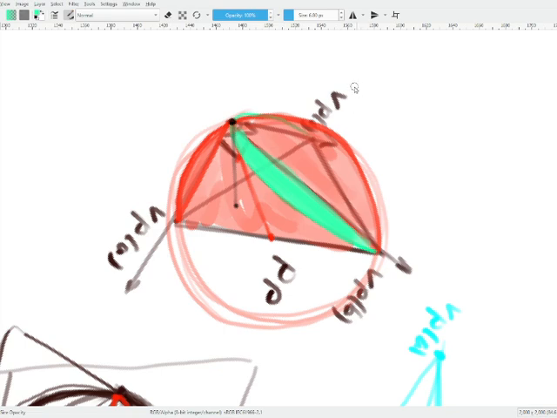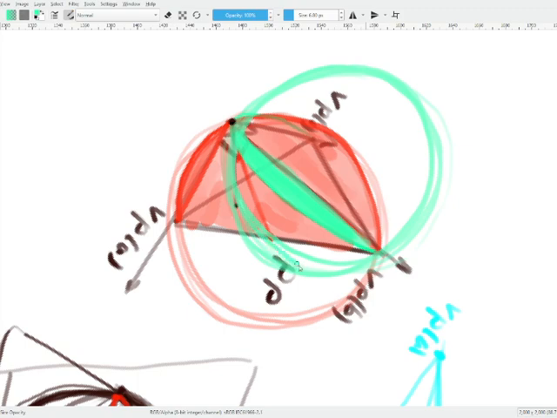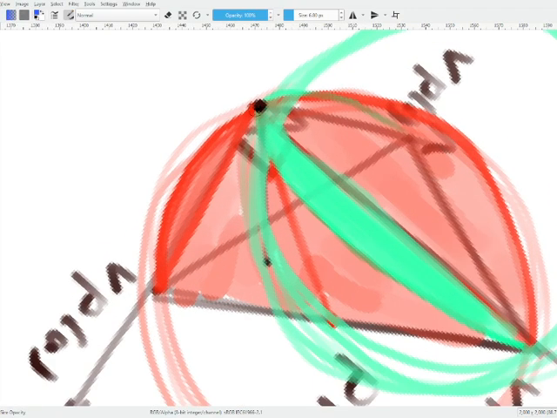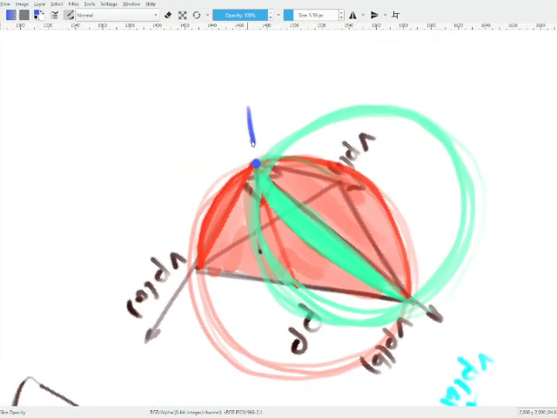And we could sketch the sphere for this part. We will see that this black point at the top of the pyramid lies on the intersection.